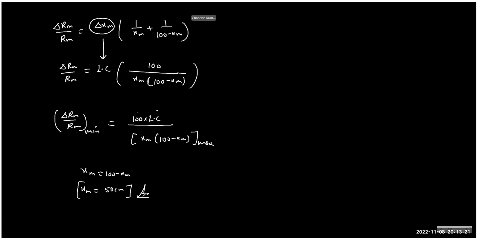Understood? You may be asked this question in some examination. In a meter bridge, the condition for minimum error is when x is 0, x is 100, x is 50, or x is 75. What is the answer? 50. This is a simple question that you will face in some random examination.